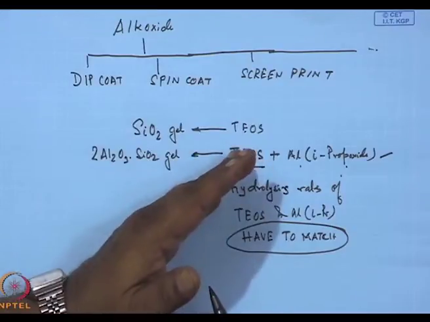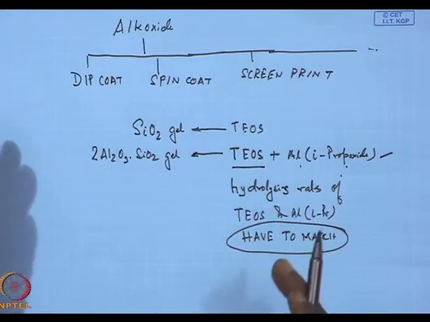So, the number of cases in which we can use alkoxide based methods for dip coating, spin coating, screen printing, these are limited.